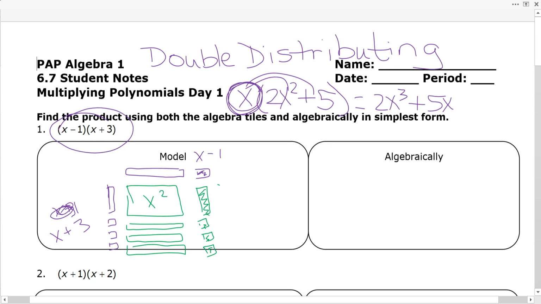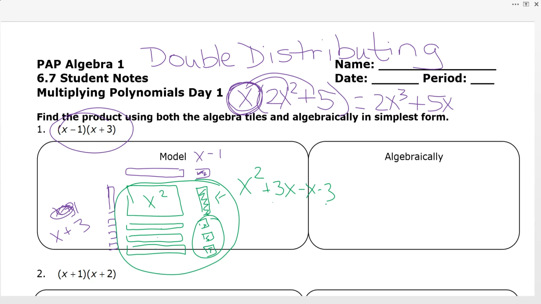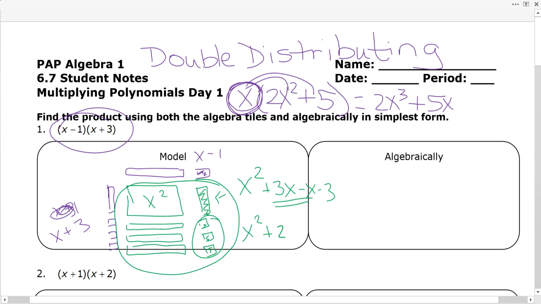So if I was going to write this as an expression, I would have my x squared, and then I have 3 positive x's, but I also have a negative x, and then I have these 3 negative unit tiles. So I would combine those terms and I would end up with x squared plus 2x minus 3.